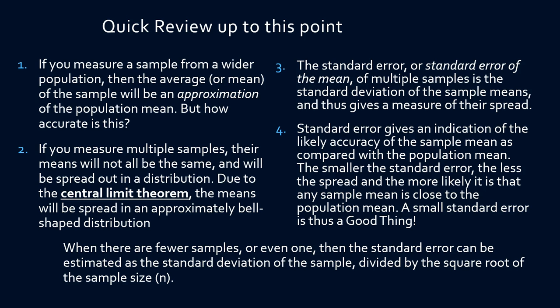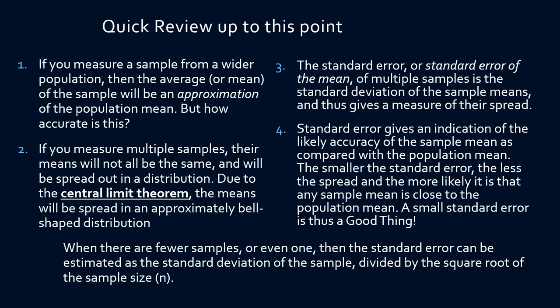The standard error, or the standard error of the mean, of the multiple samples is the standard deviation of the sample means. Right? So when we're taking 10 samples, we get all the averages, we can actually figure out the standard deviation of those sample means, and thus it gives a measure of their spread. The standard error is an indication of how accurate the sample mean is likely to be.